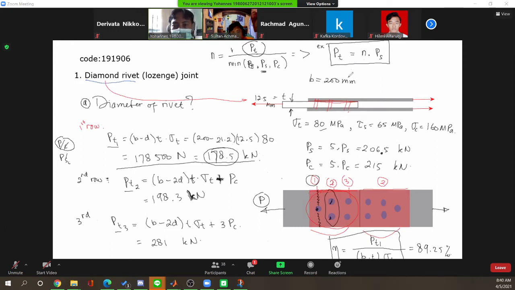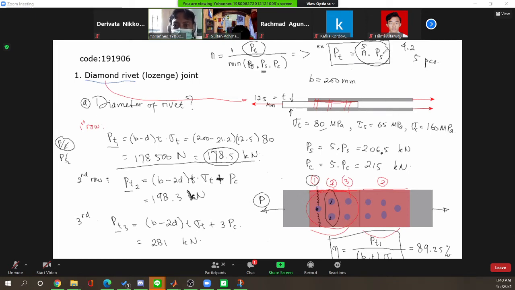Yes, of course. Here we assume that we choose 5 pieces of rivet, because actually the rivets required should be 4.2, and instead of this we choose 5.